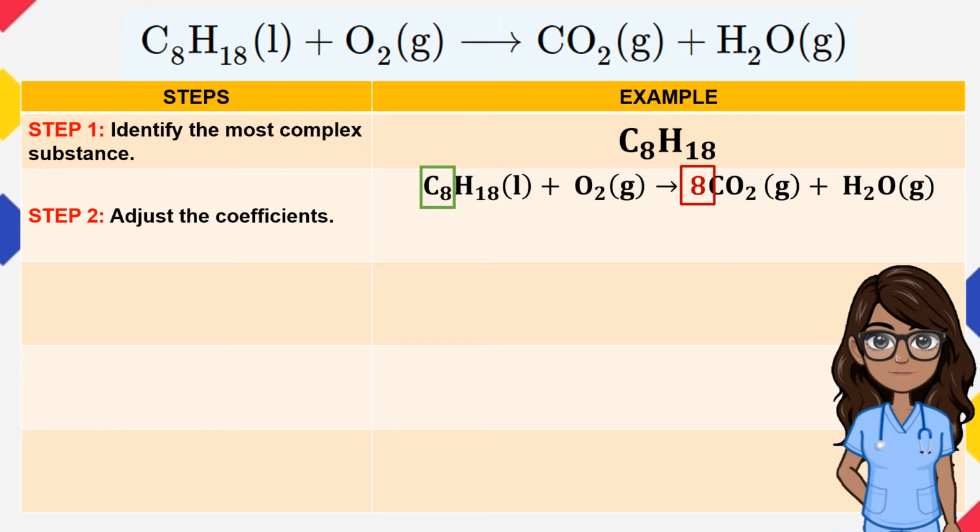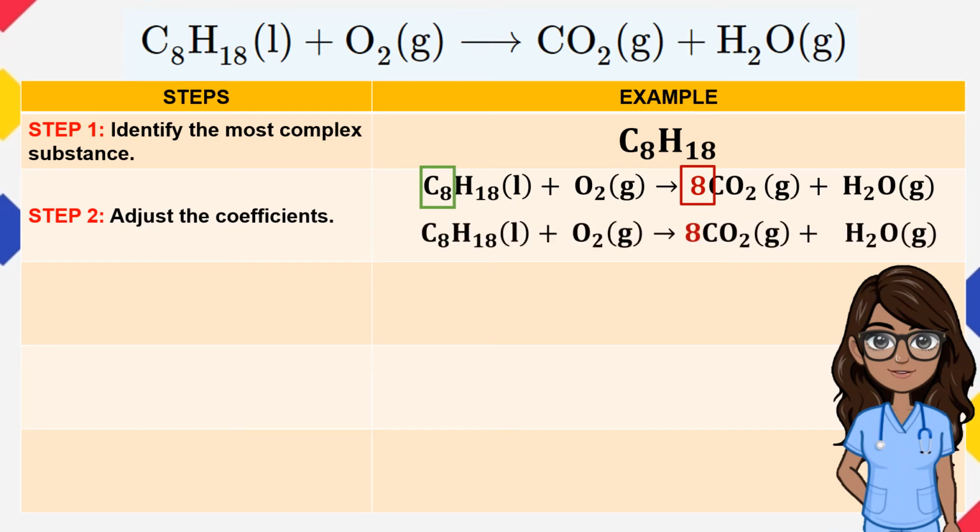Now we have 8 carbon atoms on both reactant and product sides. Next, 18 hydrogen atoms in isooctane means that there must be 9 H2O molecules in the products. 18 hydrogen atoms on both reactant and product sides.